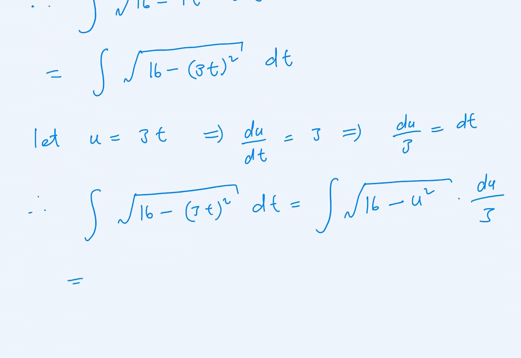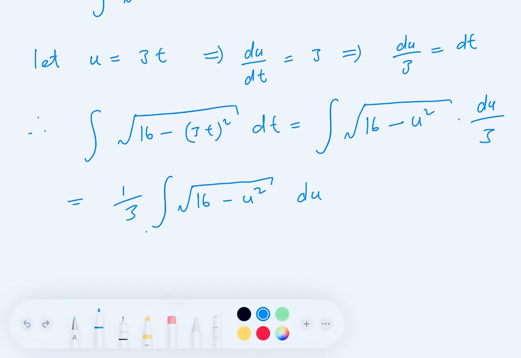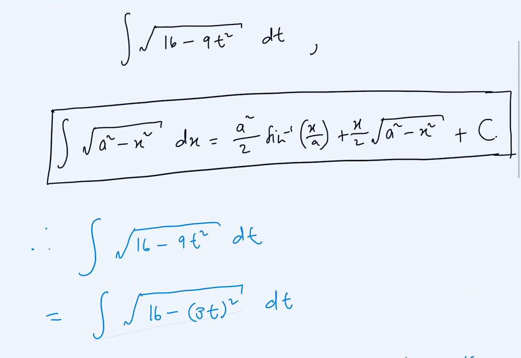So you factor out the 1 over 3 because it's a constant, and multiply it by the integral of the square root of 16 minus u squared with respect to u. Now this integral takes the form of our formula.